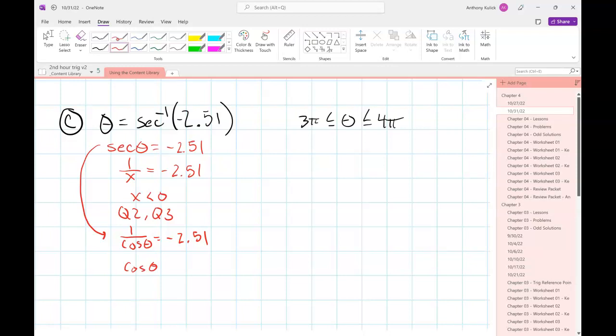Now, if I do the reciprocal of both sides, I can say that cosine theta equals 1 over negative 2.51, or that theta is equal to cosine inverse of 1 over negative 2.51. And that I can type into my calculator. So I had to do a little bit of extra work on that first step to make sure I had something I could type into my calculator.